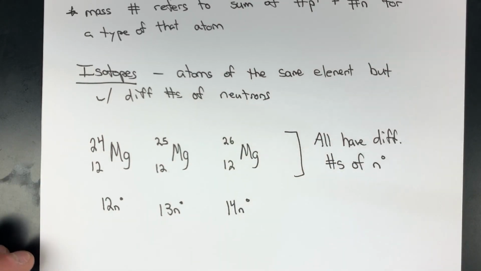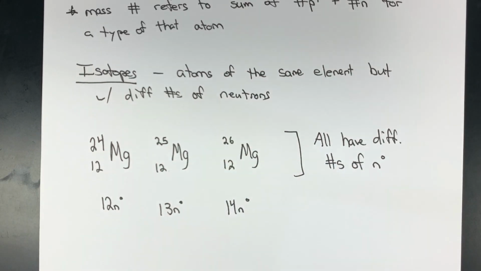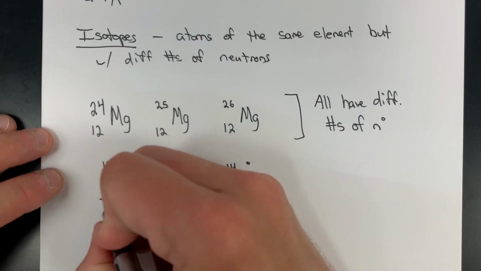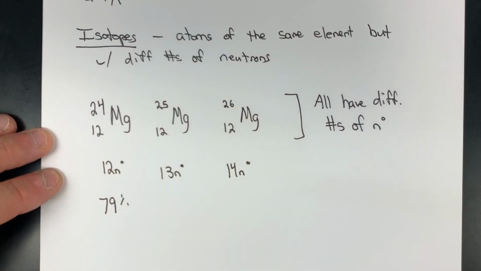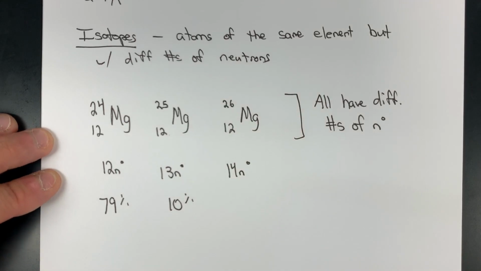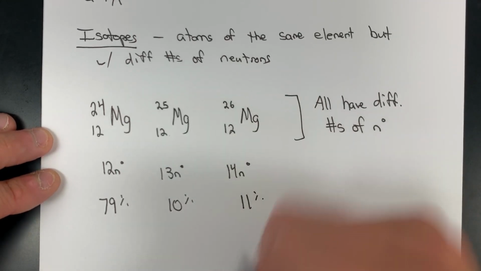So again, while they are all magnesium atoms, they are isotopes of each other. Exact same element, right? They differ in the number of neutrons and therefore the mass number. So in nature, we would find, or maybe we would look this up, that magnesium 24 makes up 79% of all the magnesium that's out there, right? And magnesium 25 makes up about 10%, and magnesium 26 makes up about 11%.